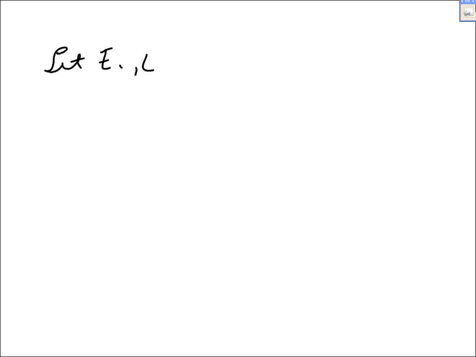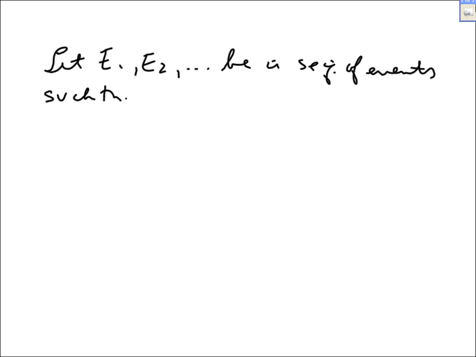Let event 1, event 2, etc. be a sequence of events such that E1 is contained in, or is a subset of, E2, which is a proper subset of E3, forever and ever.